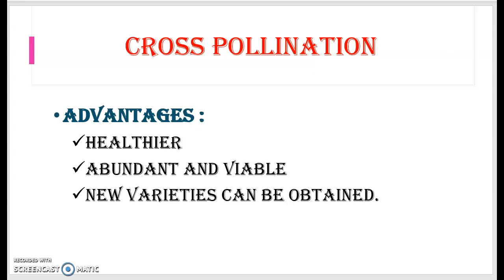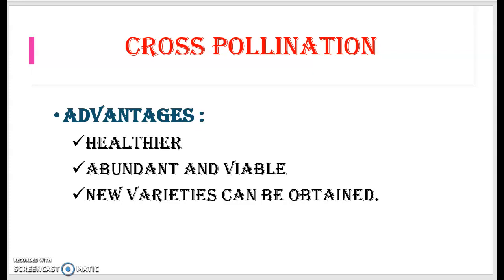If you want to get a healthier young offspring, it's better to have cross-pollination of the particular plant with some other plant. The next advantage is that the plant after cross-pollination generally produces a lot of seed. The seed content would be abundant and the seeds would be very viable. Viable means they can be fertile.